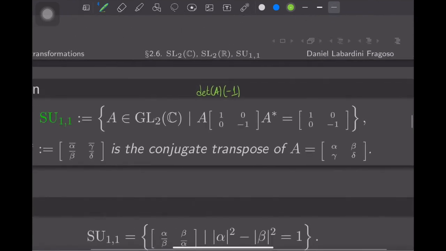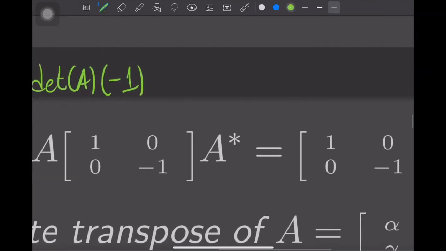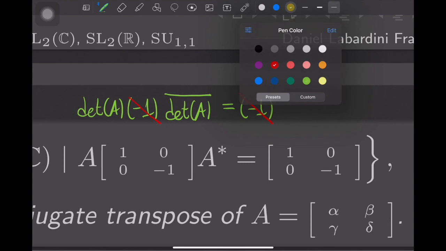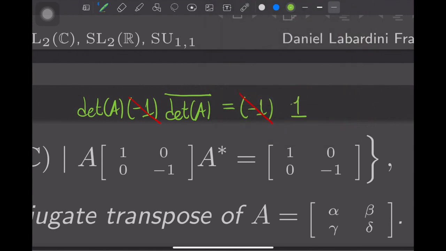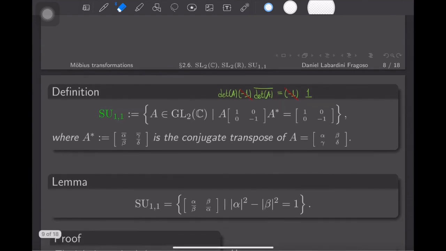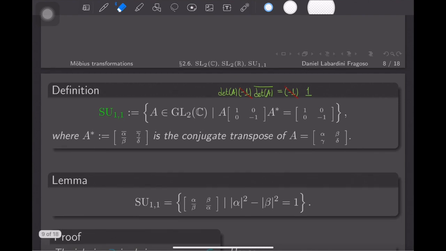And this one is the conjugate of the determinant of A. Right, and this is minus 1. Right, so the minus 1's cancel. So I get, so I really get that the norm of the determinant is 1.